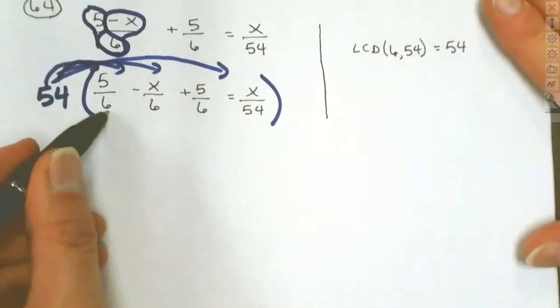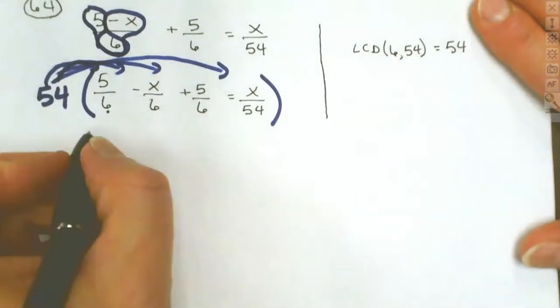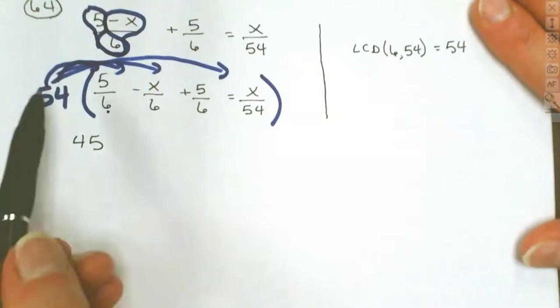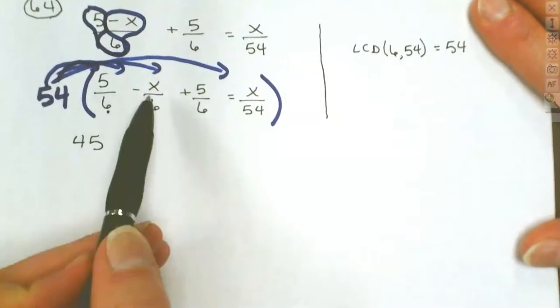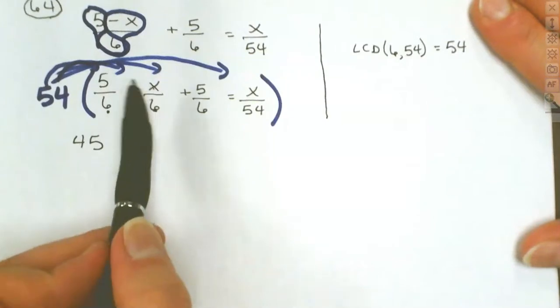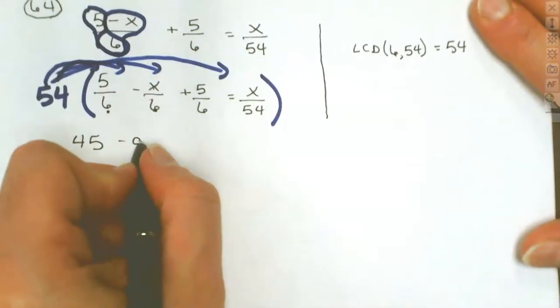What's 54 divided by 6? Okay, 54 divided by 6 is 9, right? 9 times 5 makes it a 45. Next, 54 divided by 6. 9 times a negative x, that makes it a minus 9x.